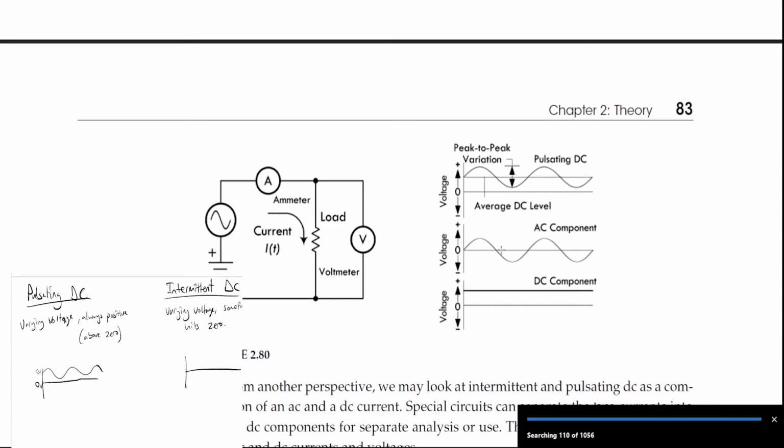We don't have a picture of intermittent, do we? No, but intermittent would be like, across zero.